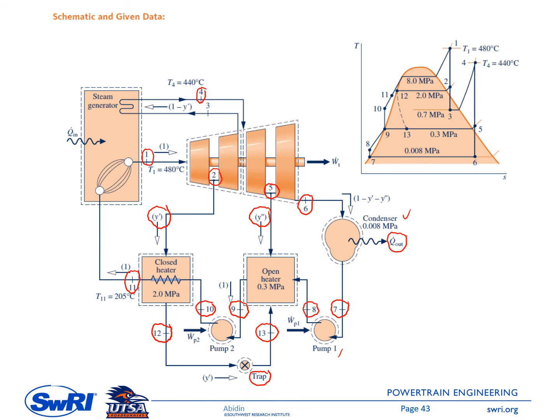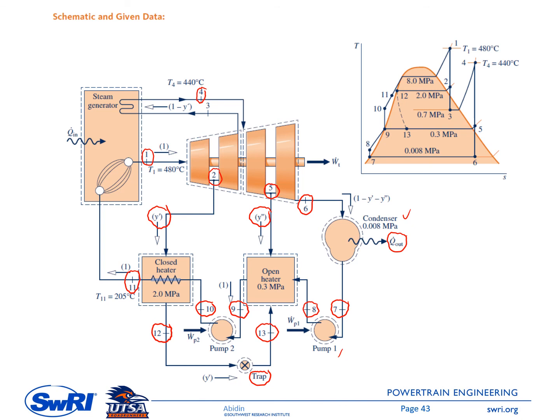So this is a throttling process. So there are irreversibilities inside this throttling process. Therefore, the line connecting state 12 and 13 is represented by a dash line there. Okay, so the TS diagram is shown on the right upper side of this slide.